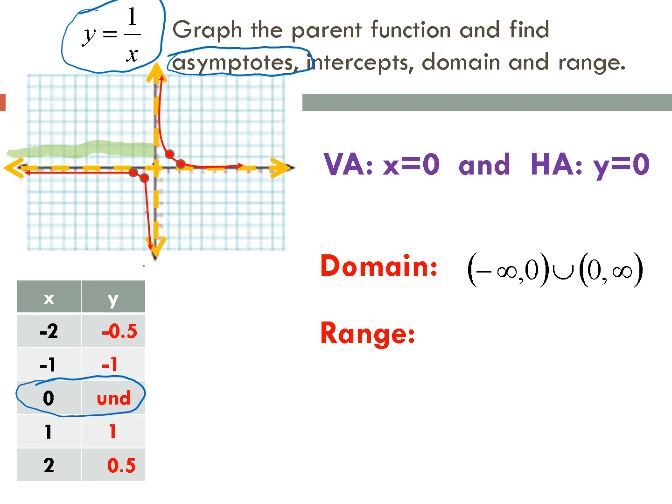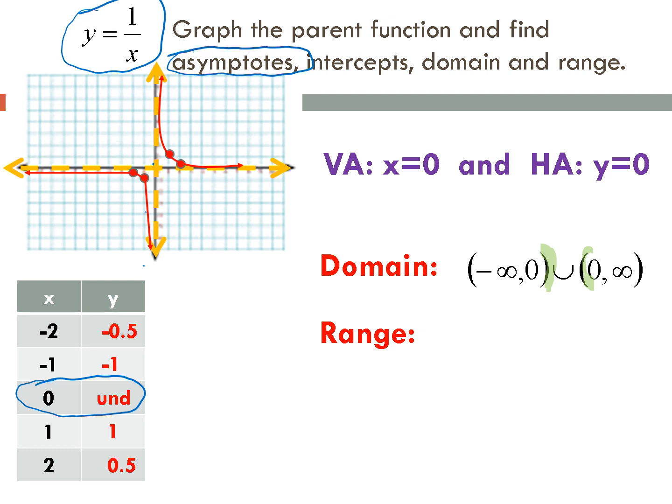Notice that I used a parentheses versus a bracket at 0, and the reason is that I can't technically touch 0. I can get super duper close, but I'll never cross it. So that's why we use parentheses instead.